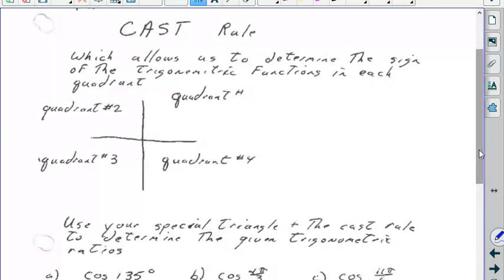Now, CAST rule. Again, what does CAST stand for? Well, it stands for cosine, all, sine, and tangent. Where does the C go in CAST? Quadrant 1, 2, 3, or 4? You are going to start it in quadrant 4.